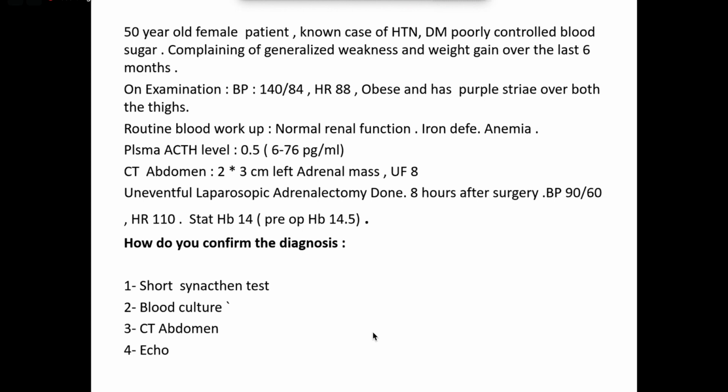So we don't need to do the screening for pheochromocytoma if the Hounsfield is less than 10. If the patient is normotensive and the potassium is normal, usually we don't need to do the screening for Conn syndrome.